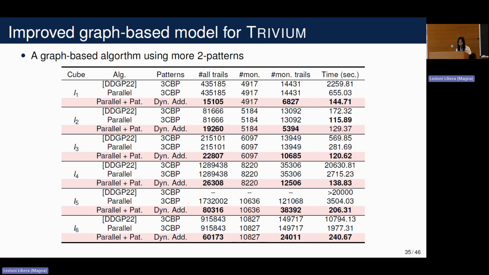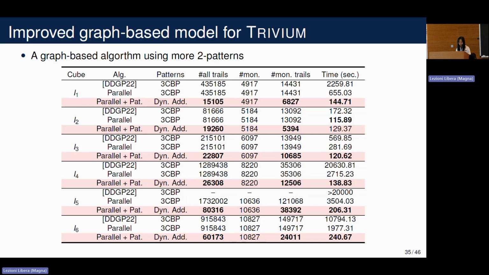After answering the three questions, we propose a graph-based algorithm using more patterns to reject pairing solutions. There are 6 cubes used in our attack.